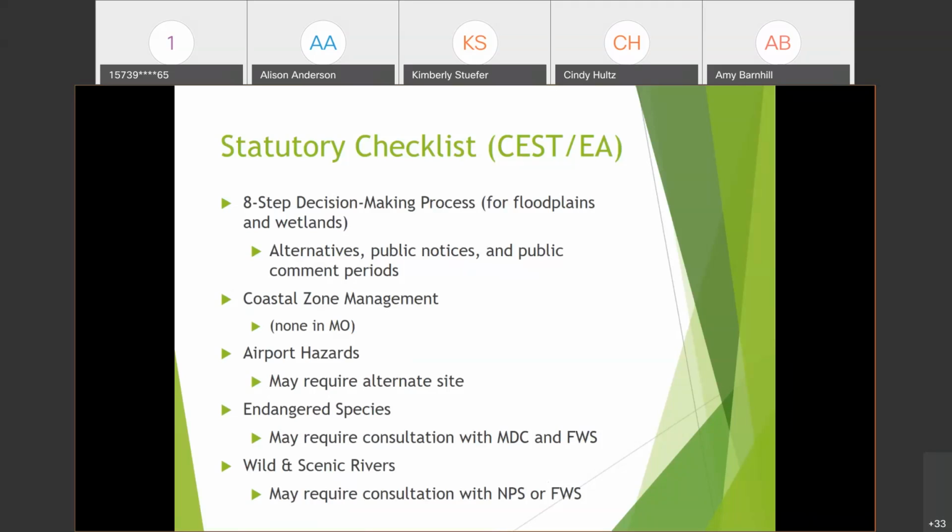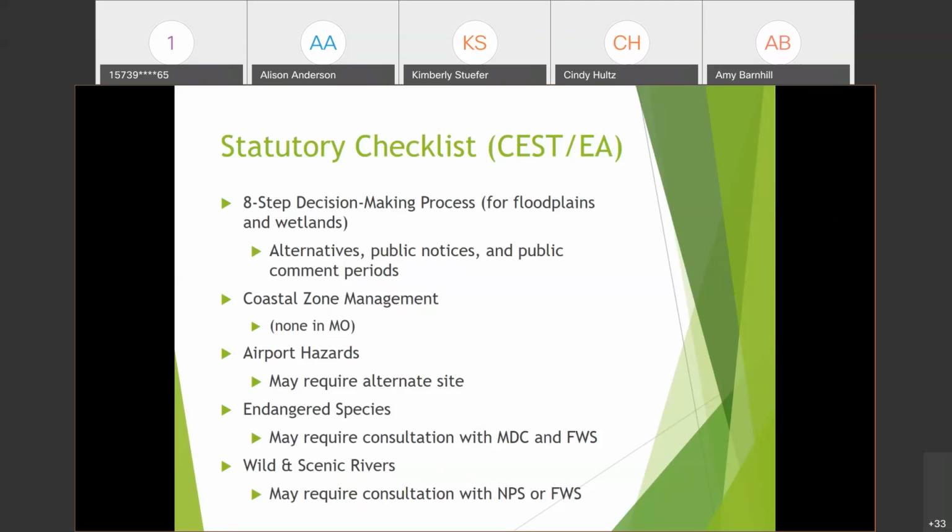And if it's found that there are some listed species, then you are to consult with U.S. Fish and Wildlife and Conservation to find out if they have any recommendations or requirements for your project.